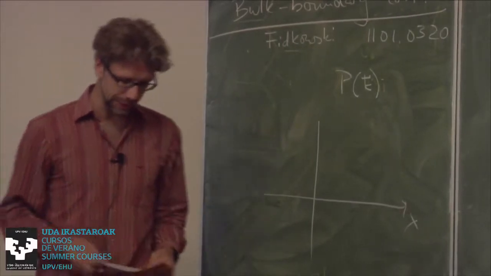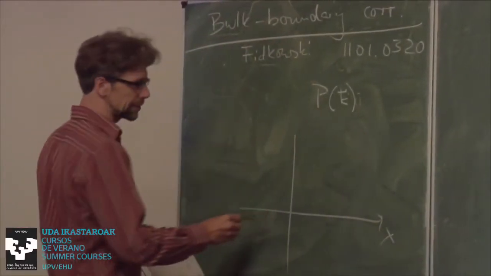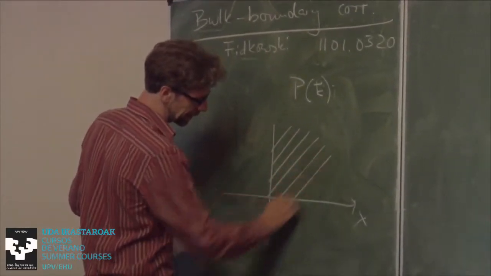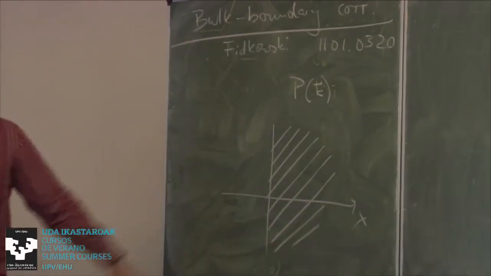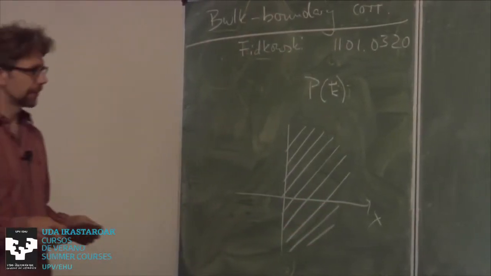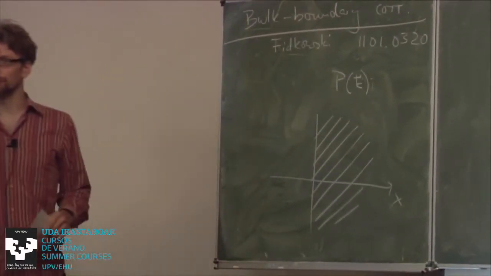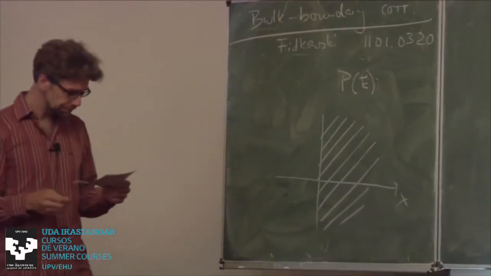And now we want to look at the boundary of a system, arranged such that the system fills a half space for x larger than 0, and we have vacuum for x less than 0. So K contains only the momenta perpendicular to the x direction, Ky, Kz, and so forth.